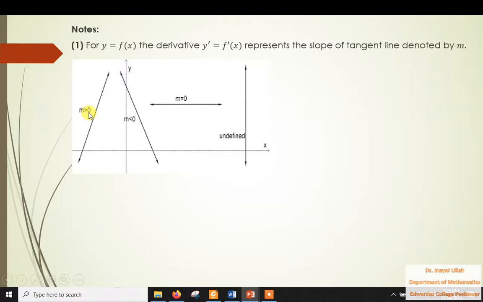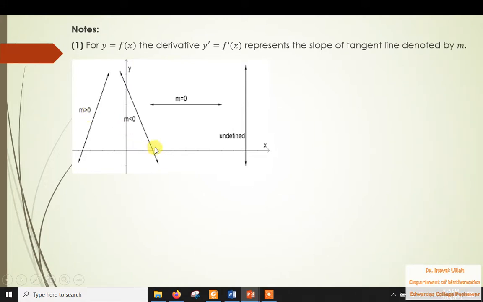Remember that. It may be a tangent line, maybe any line, but its slope will always be greater than 0.